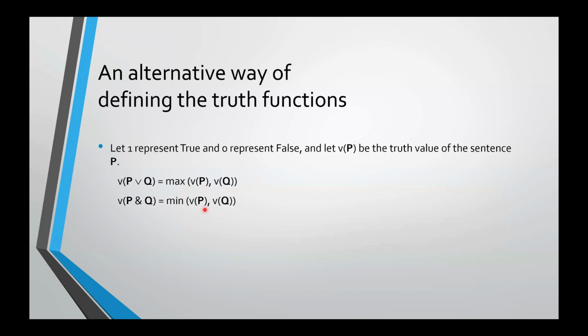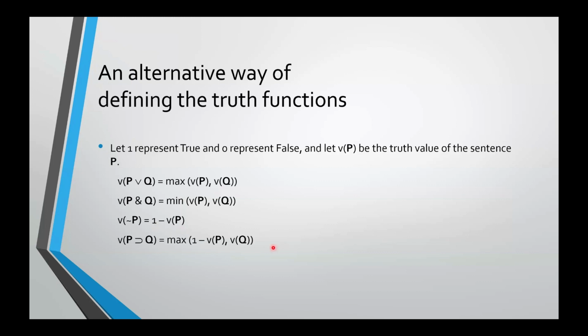And is min. It takes the least true of them. So if either one of them is zero, then it returns zero. And only if both of them are one will it return a value of one. Not flips the values, right? So one becomes zero, zero becomes one. We can represent that with one minus the value of the sentence.